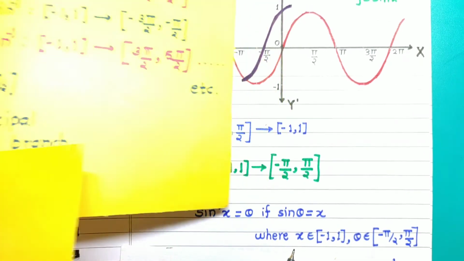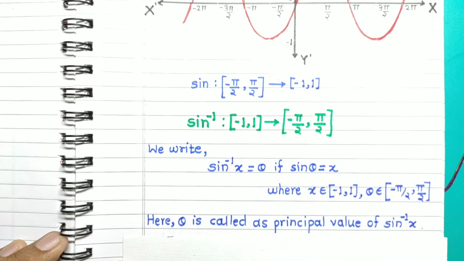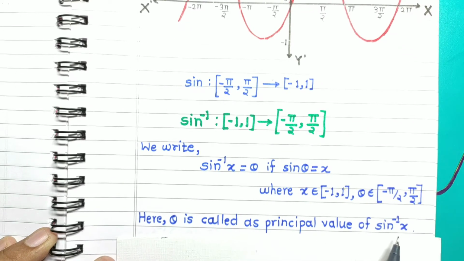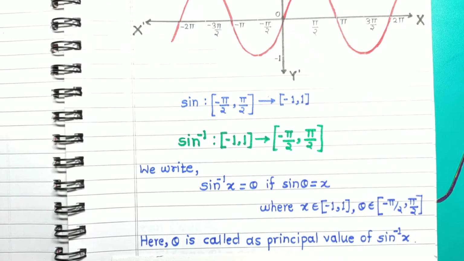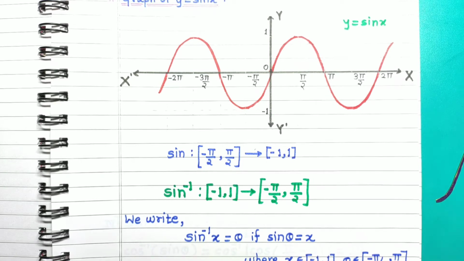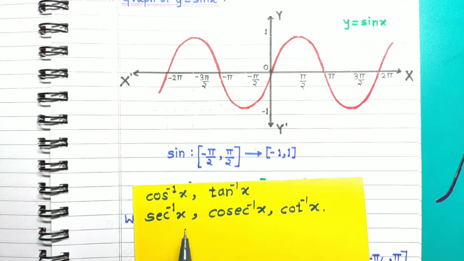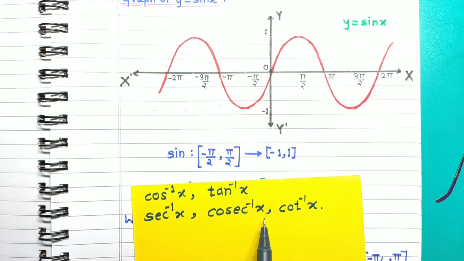So when we write sine inverse x is equal to theta, if sine theta is equal to x, this theta is called the principal value of sine inverse of x. So students, this is about the inverse sine function. On similar lines, you can recall the other inverse trigonometric functions, which are denoted by cos inverse of x, tan inverse of x, sec inverse of x, cosec inverse of x and cot inverse of x.